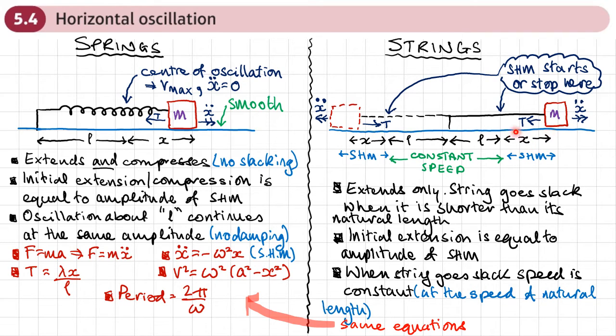So the amplitude at these 2 ends we're going to say is the same. So if I've got an amplitude, an extension of 2 meters, then it's going to be 2 meters over here, and we get back 2 meters again over here, and so on. So there's no damping. It continues with the same amplitude at the 2 endpoints.